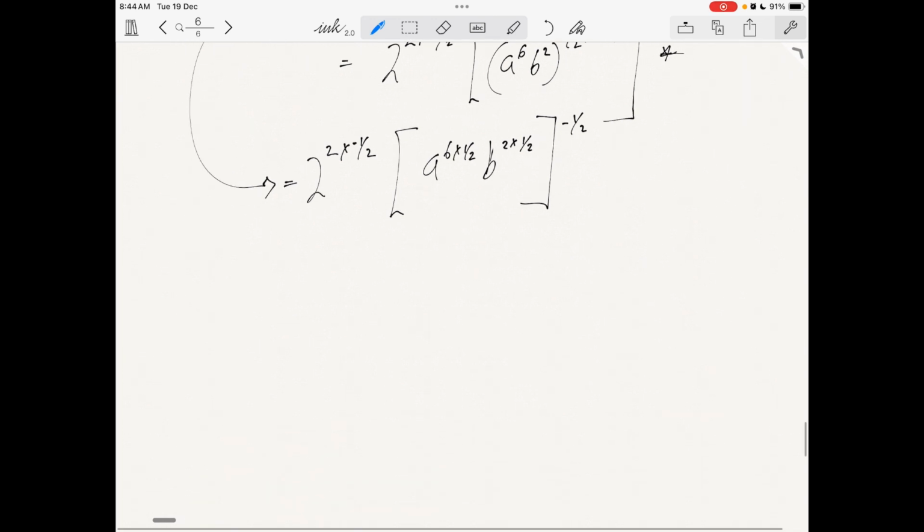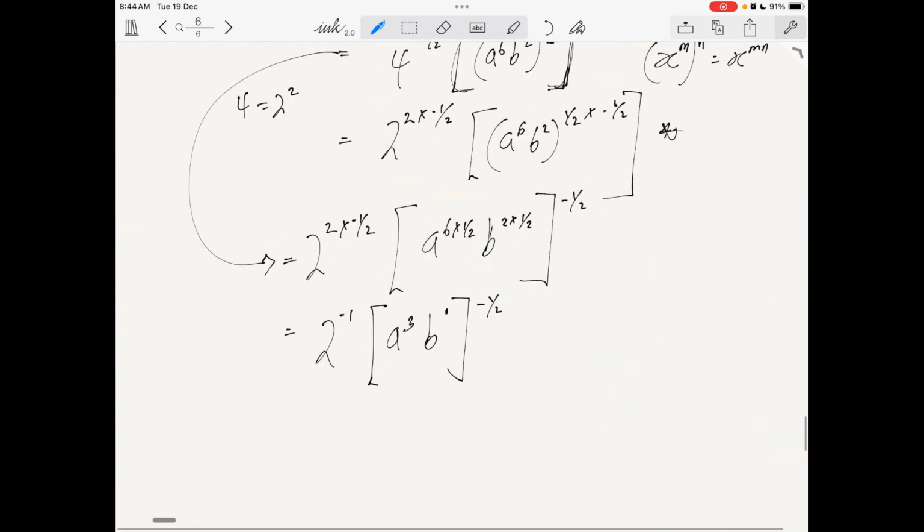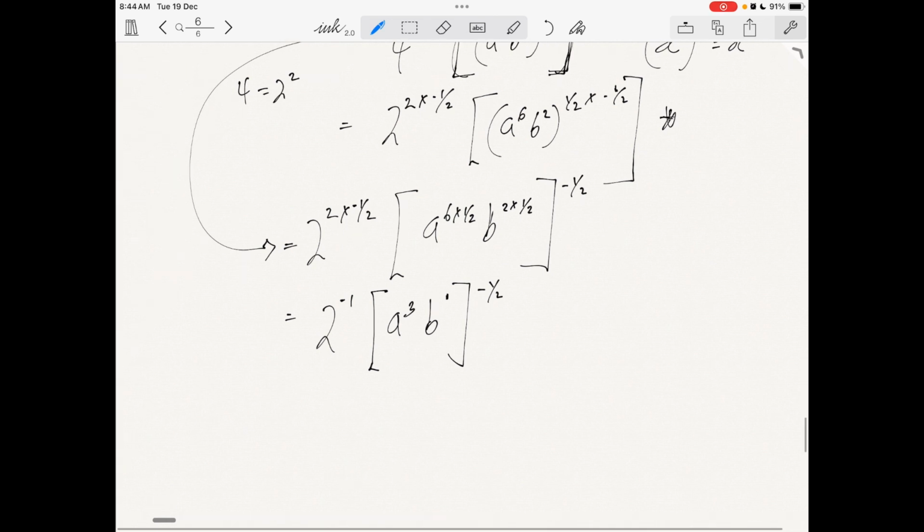So if we proceed further, 2 multiplied by minus half will give me minus 1, into a raised to power 6 by half, that gives me a raised to power 3, and this will give me b raised to power 1, everything raised to power half. And if you go further with the other system, you will still get the same thing. Don't feel bad about it.